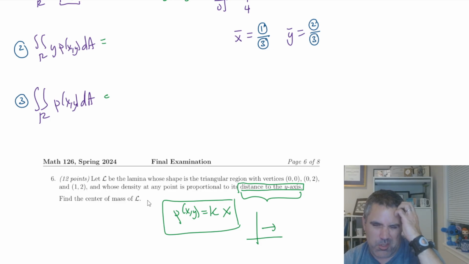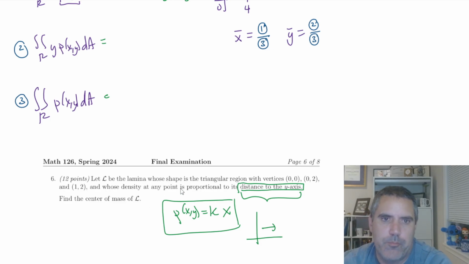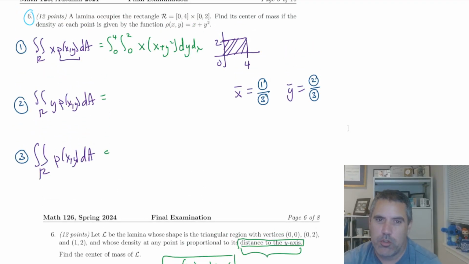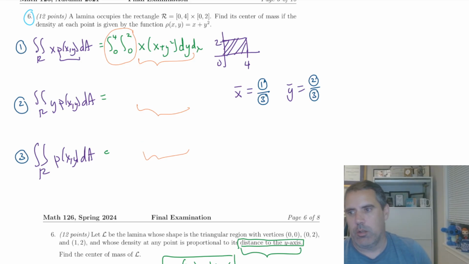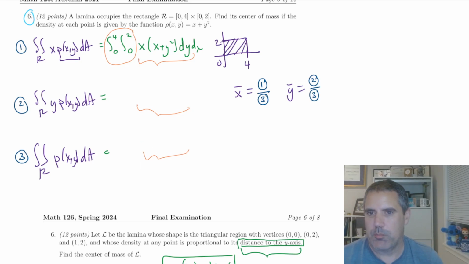Oftentimes these questions will just ask for x bar or y bar, but you do have to compute a little bit. So this is usually a problem we're using to compute. It shouldn't be a scary problem in terms of setup. They give you a region, you put the bounds, you start computing, and you have 3 integrals to compute. Yes, it's 3 integrals, but it's a chance for you to show us your double integral skills. All right, I hope that explains the idea.